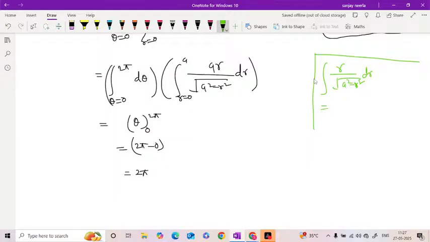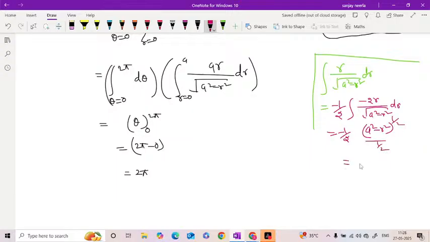The differentiation of a square minus r square is minus 2r. So minus 2r is not there, so we have to balance minus 2r by under root of a square minus r square dr. Now what is the integration of this one? A square minus r square whole power 1 by 2 by 1 by 2. That means this 1 by 2 will cancel, minus of a square minus r square whole power 1 by 2.